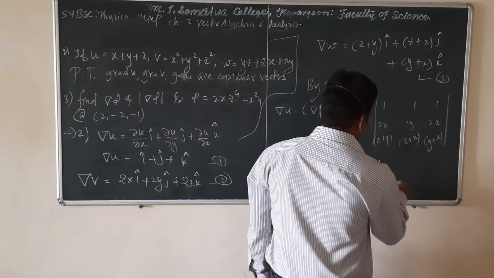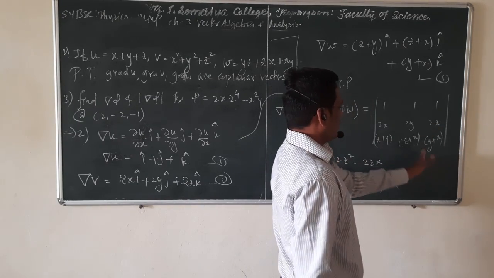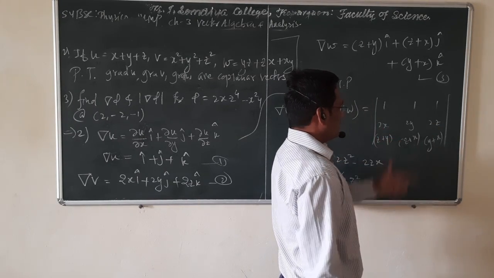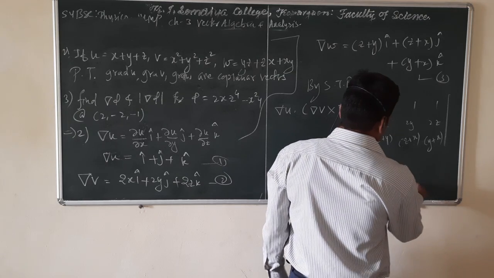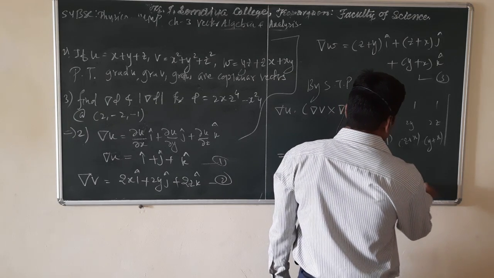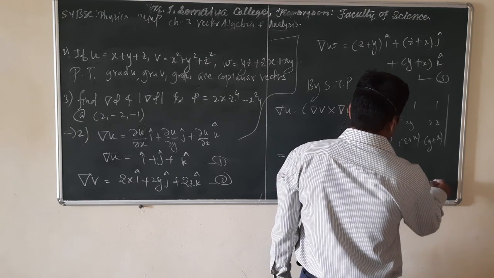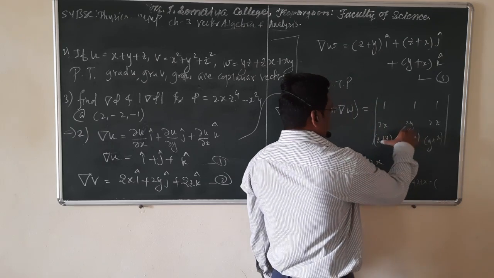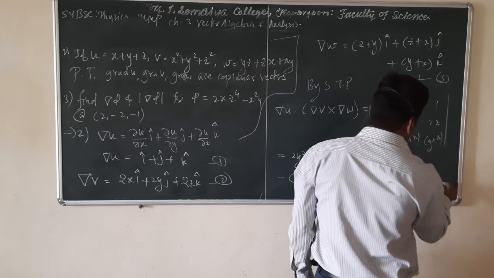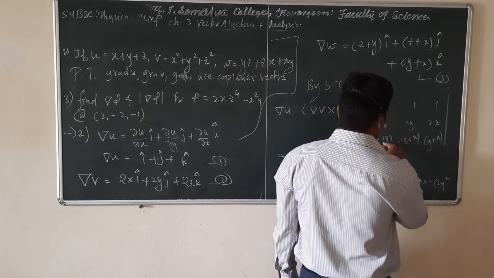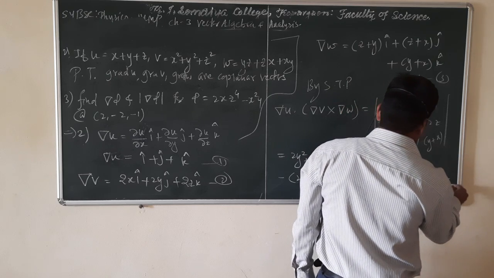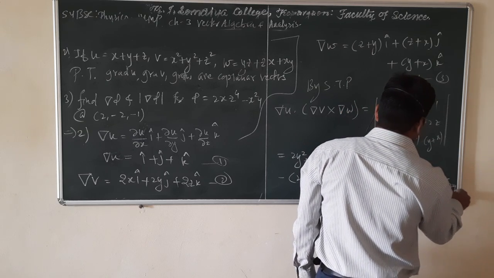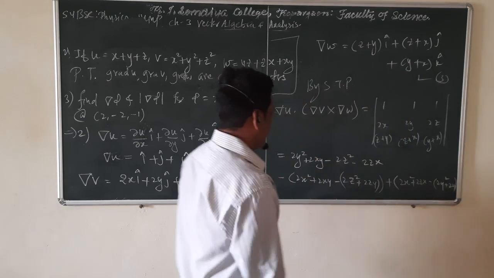And plus the last term, 2x multiplied by this, which is 2x square plus 2zx, minus 2y multiplied by this, so that will become 2y square, and plus 2zy or yz.